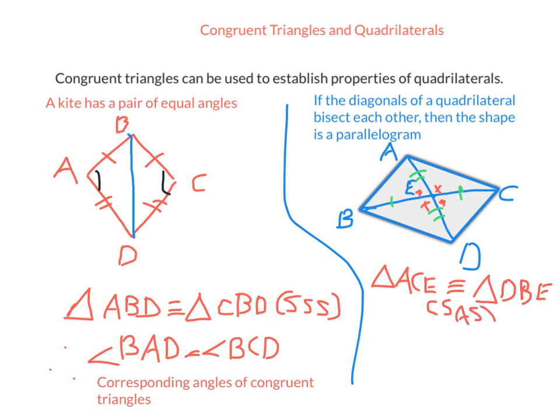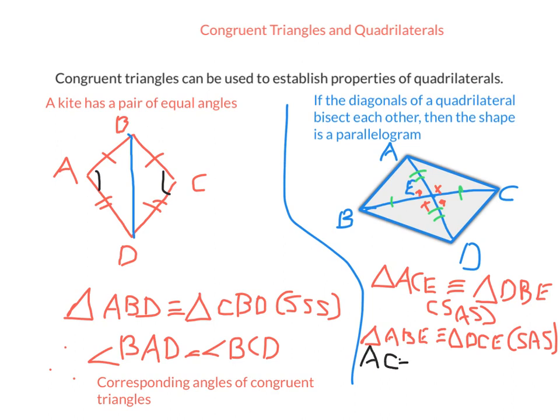Now I'm going to do the same, writing a congruent statement for these two triangles. So, because these two triangles are congruent, this side and this side must be equal, because they're corresponding sides of a congruent triangle.